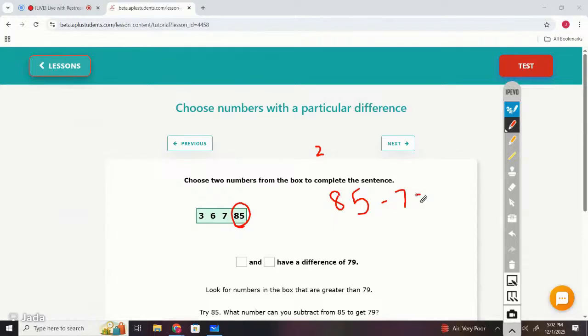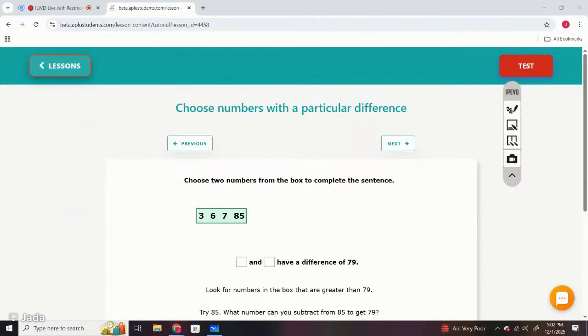85 minus 7. Let's just start. Go back 7 digits: 85, 84, 83, 82, 81, 80, 79, 78. But we need 79, right?